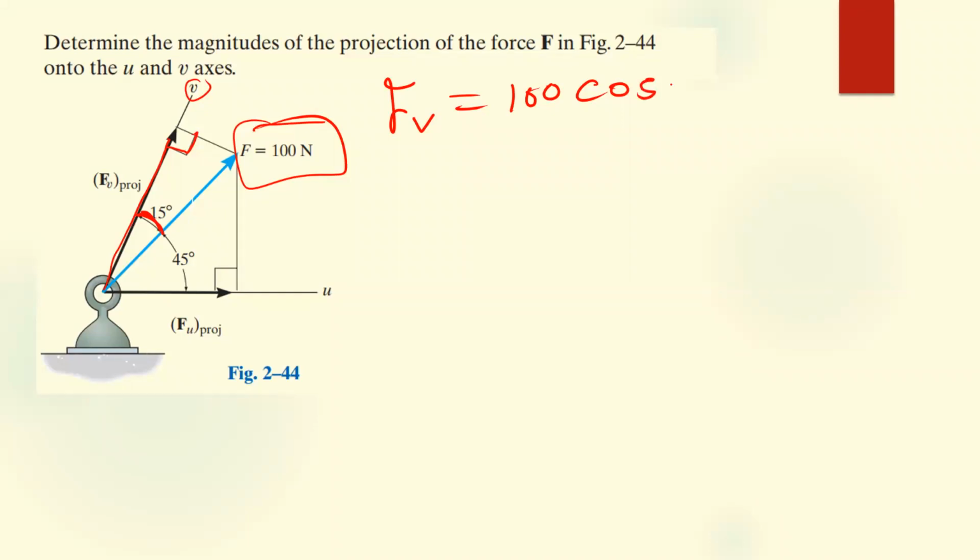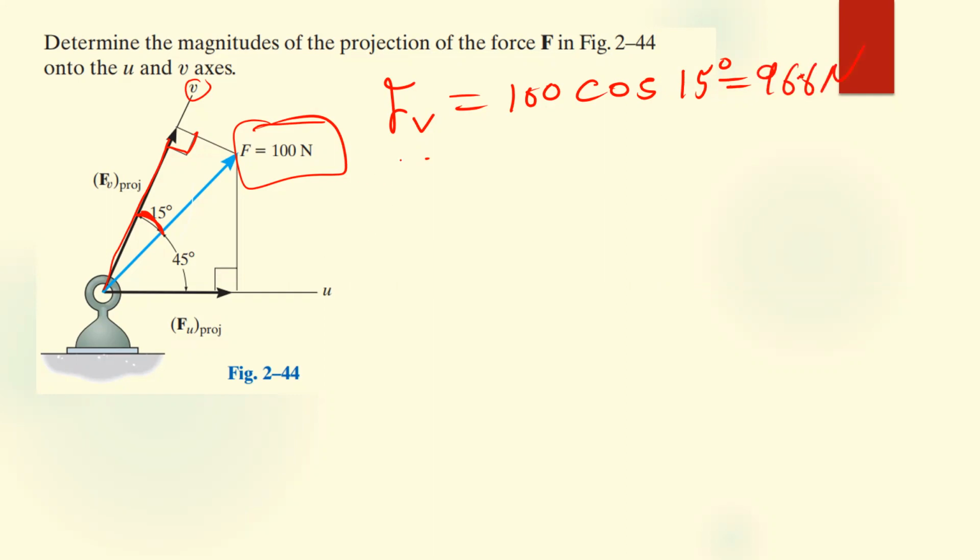So we say cos 15 degrees. So this is going to be 100 cos 15, and this will be 96.6 newtons.